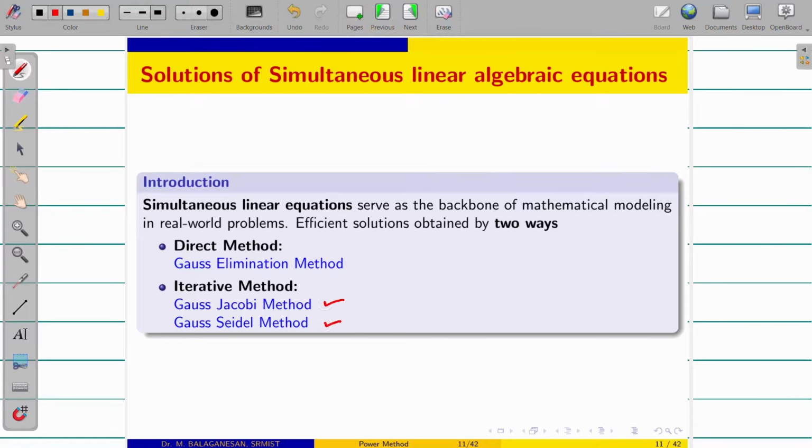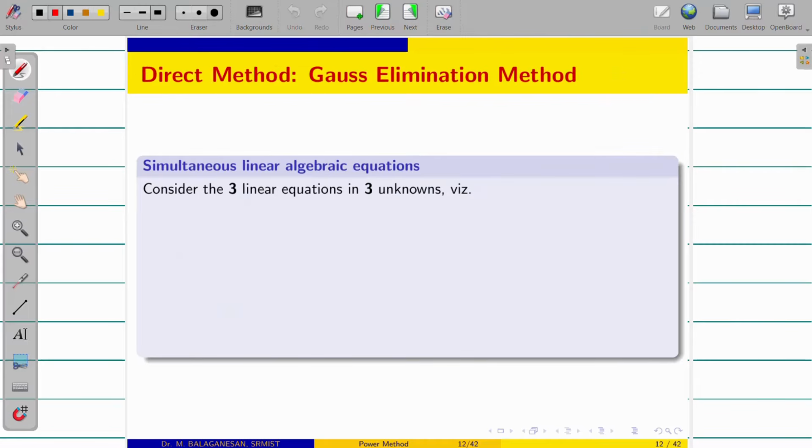These two are iterative methods, and this is the direct method. In today's lecture, we are going to discuss the direct method, particularly the Gauss elimination method, and how to find the solution for a system of simultaneous equations using it.